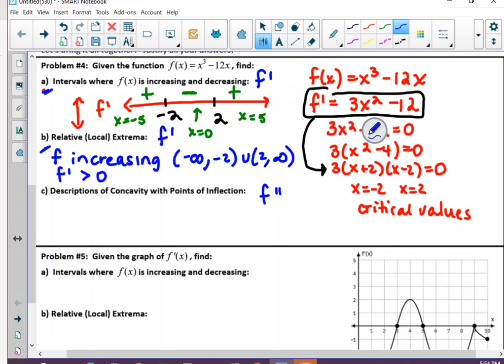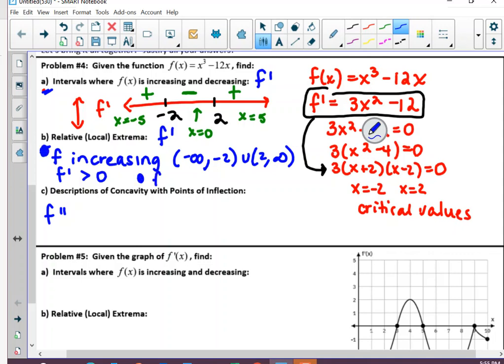And I know that because f prime is positive, or f prime is greater than 0 on those intervals. I've written a lot of work in here, so I'm going to have to squish my answers.